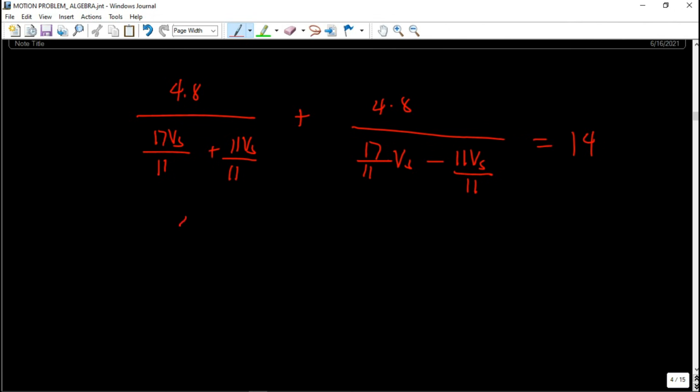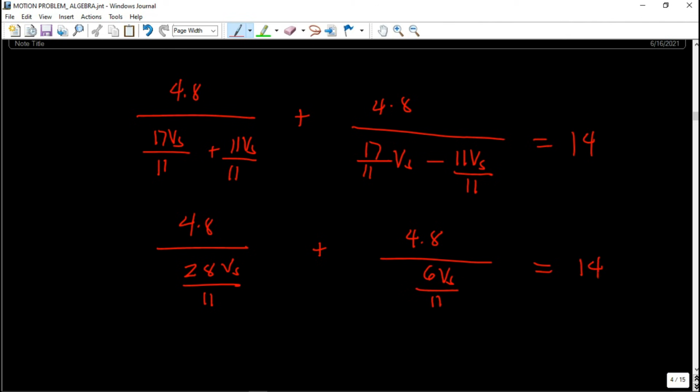Then, 4.8 all over 17 plus 11. So this is 28. Okay, 28 V sub S all over 11 here, then plus 4.8 all over 17 minus 11. So this is just equal to 6. Okay, 6 V sub S all over 11, then that is equal to 14.